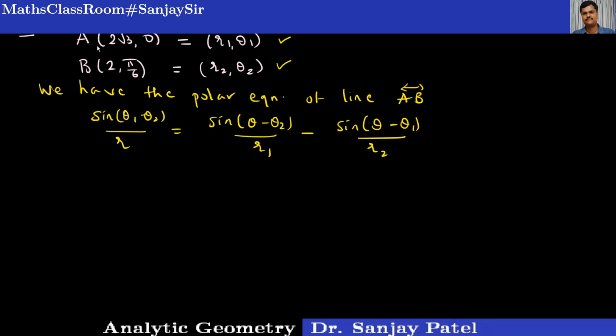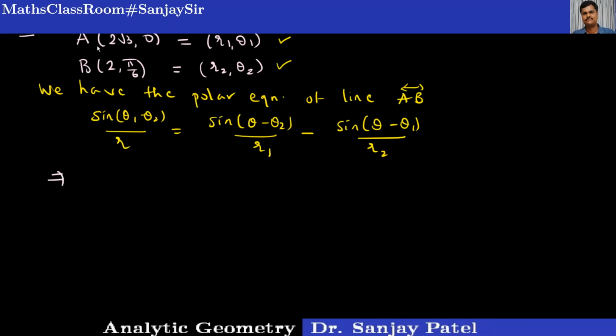Remember, r and theta are always taken as variables in the polar coordinate system, like x and y in Cartesian coordinates, where we use the symbols x and y as variables in all equations. So let us substitute the values which are given here.